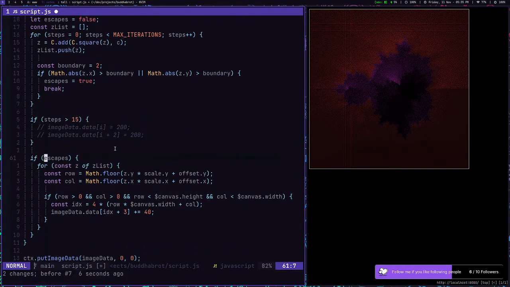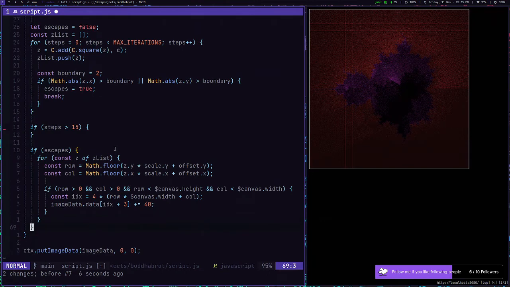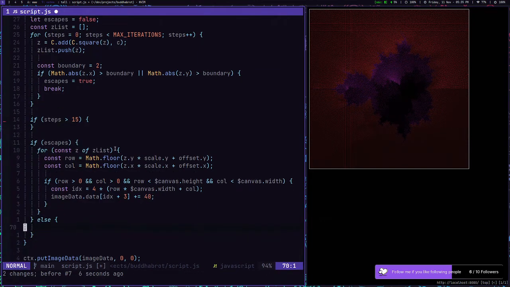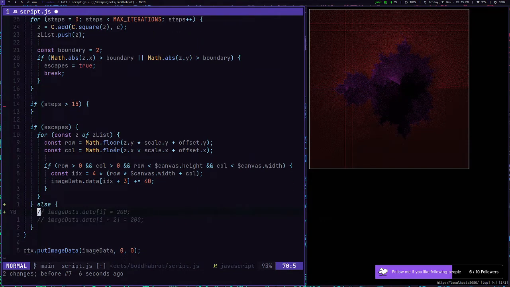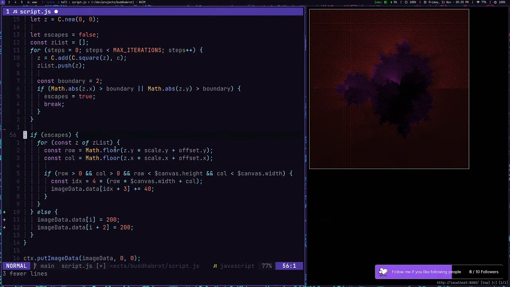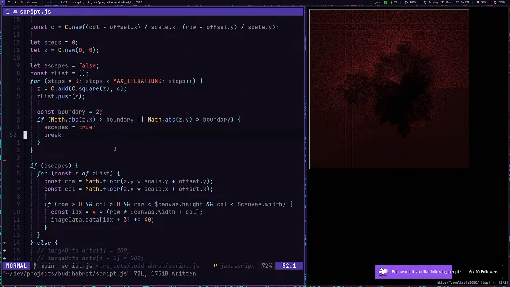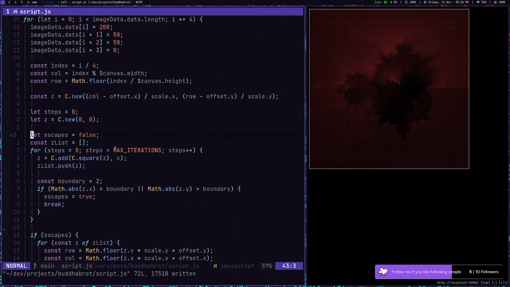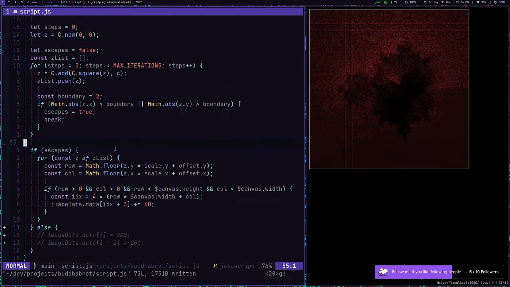Actually, we can move this thing here because if it doesn't escape, we deal with it for the Buddhabrot set, but if it does, it's the Mandelbrot set. So we get the same result without the arbitrary 20 or anything, 15. So this is our state currently.